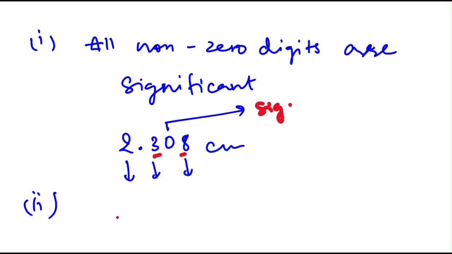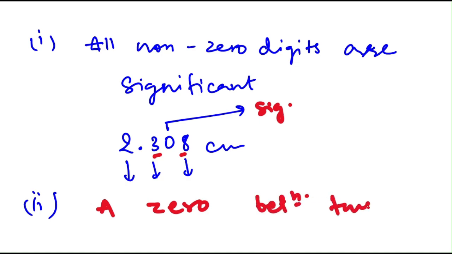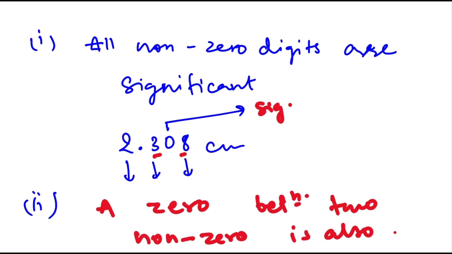In that way we can write: a 0 sandwiched between two non-zero digits is a significant figure. So here we have four significant figures.